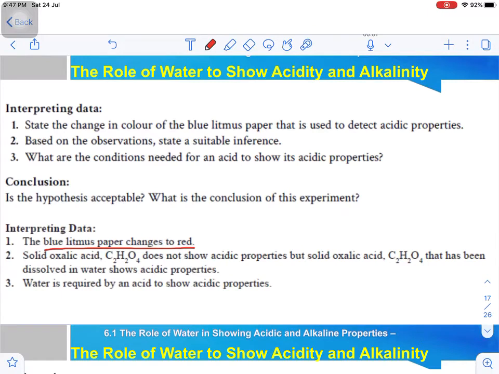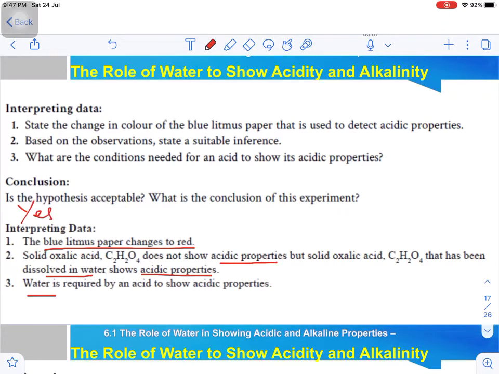So our inference, solid oxalic acid does not show acidic property, but solid oxalic acid that has been dissolved in water shows acidic properties. So what are the conditions needed for an acid to show its acidic property? So water. Okay. So is the hypothesis acceptable?